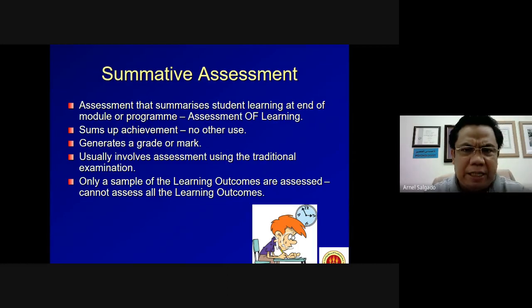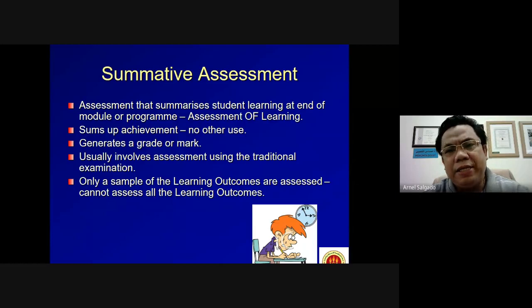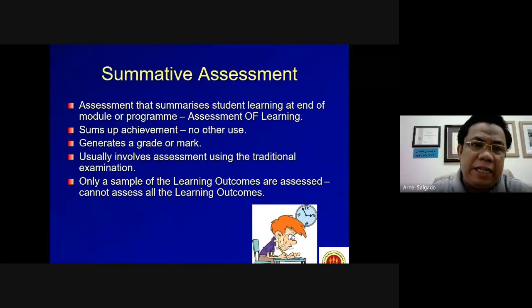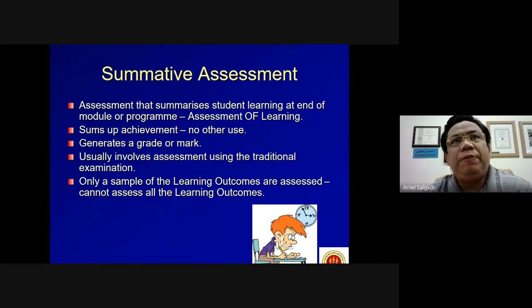For the summative assessment, we are just going to include a representative sample of learning outcomes that could summarize the achievement of the students, because it's impossible to assess all the learning outcomes. Imagine 10 subjects, and if we have an average of 5 learning outcomes each, we will have 50 learning outcomes. If you look at Bloom's taxonomy, it becomes very difficult, because you have to consider the different levels.